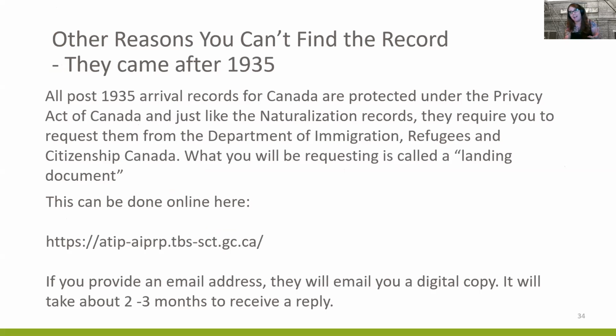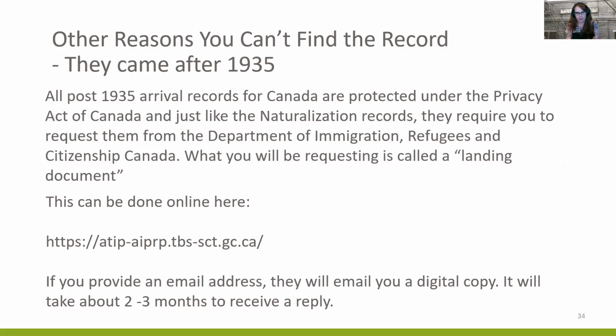Another reason, and probably the last reason why you're not able to find that document in the 1865 to 1935 collection is because they came after 1935. So just like the naturalization records, all records of arrival to Canada after 1935 are protected under the Privacy Act of Canada.